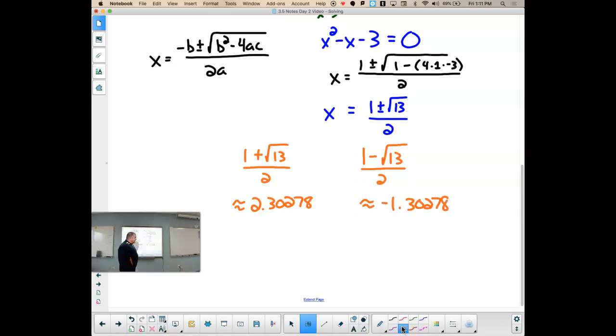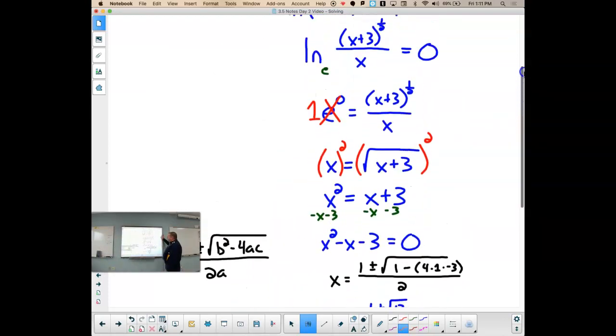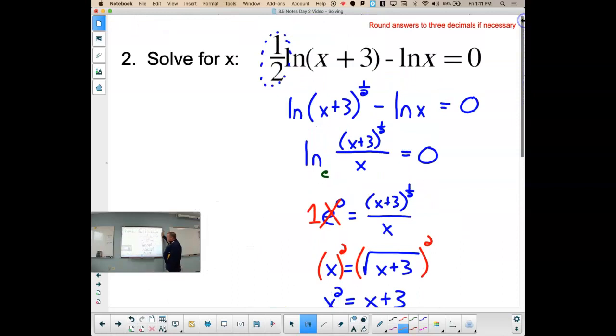If I go back to my original equation to check those answers, remember that my arguments, the values in these two spots, here and here, have to be positive. Arguments have to be positive.